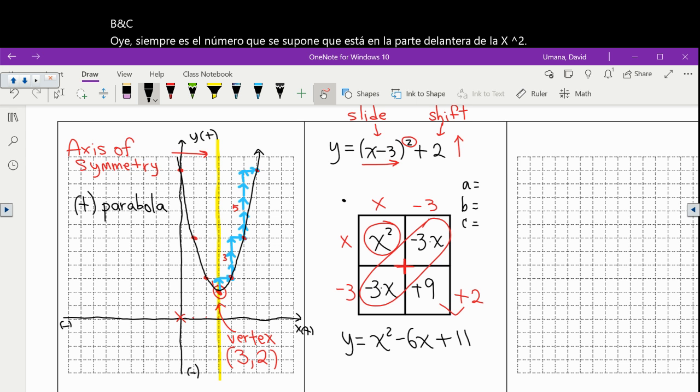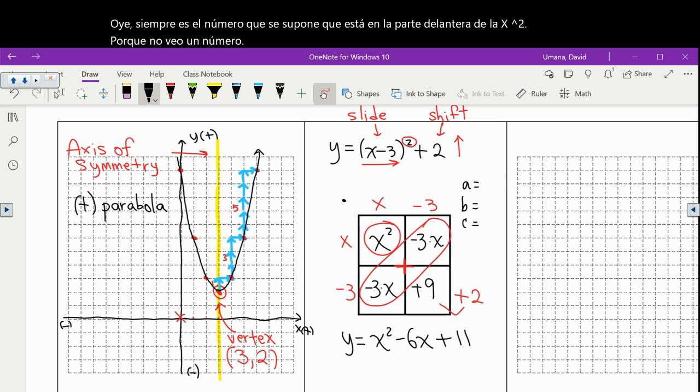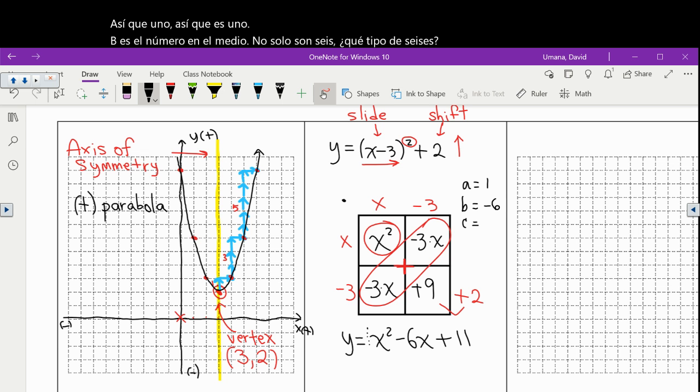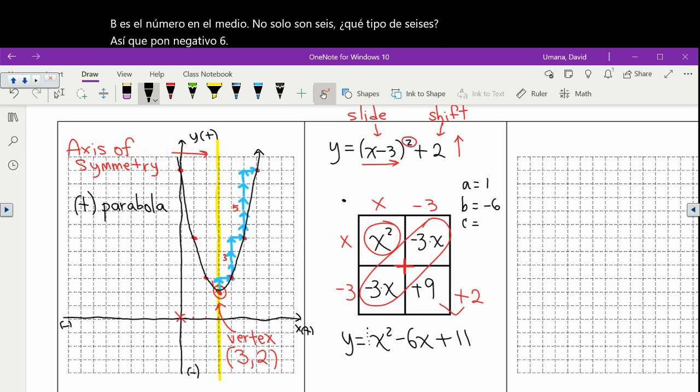Because I don't see a number, I'm going to assume that the number in there is a what? It's a 1. So A is 1. B is the number in the middle. Not only is it 6, what kind of 6 is it? So put negative 6. And C is the last number. So the last number is 11.